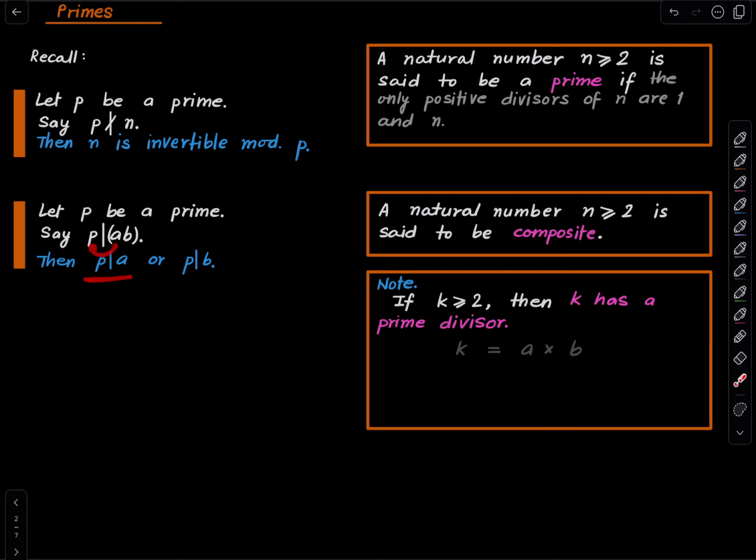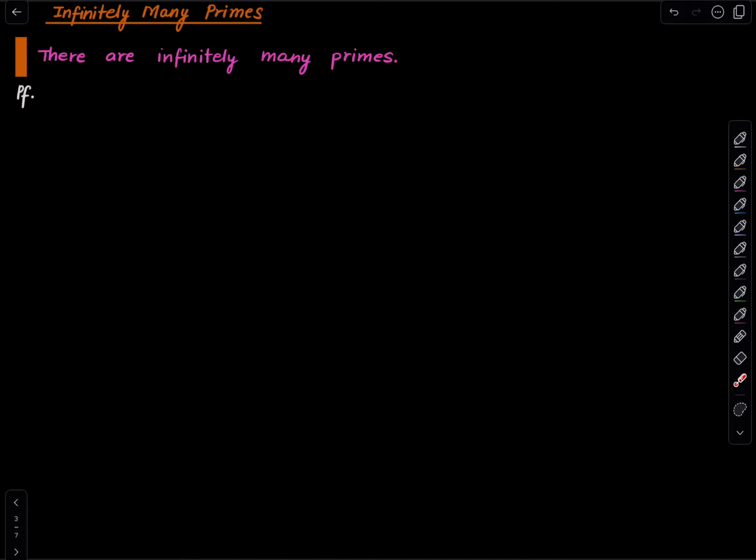If P and A are relatively prime and P divides A times something, you can just drop A and say that P divides the something. That's it. That's the proof. So these two things are very important, but we have seen them ad nauseum by now. And now let's move to some more interesting things. I mean, these things are also interesting, but whatever.